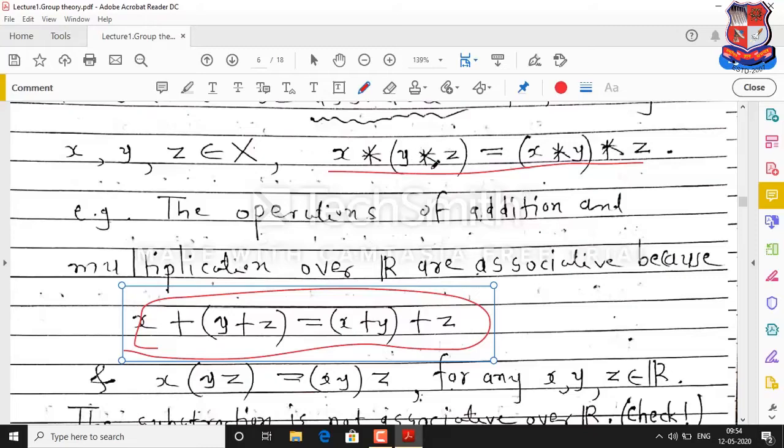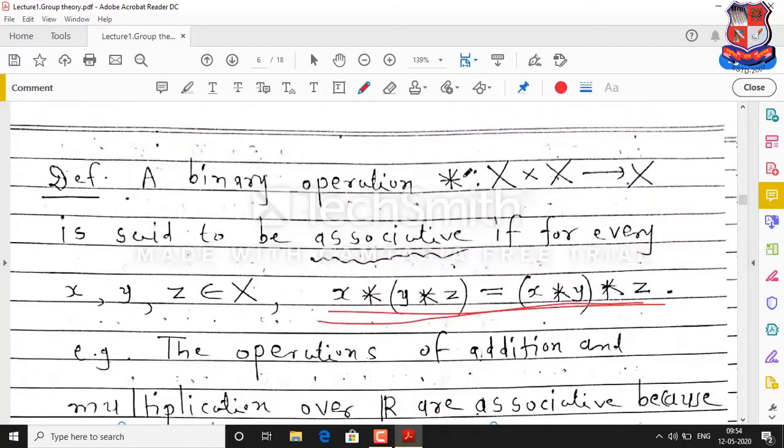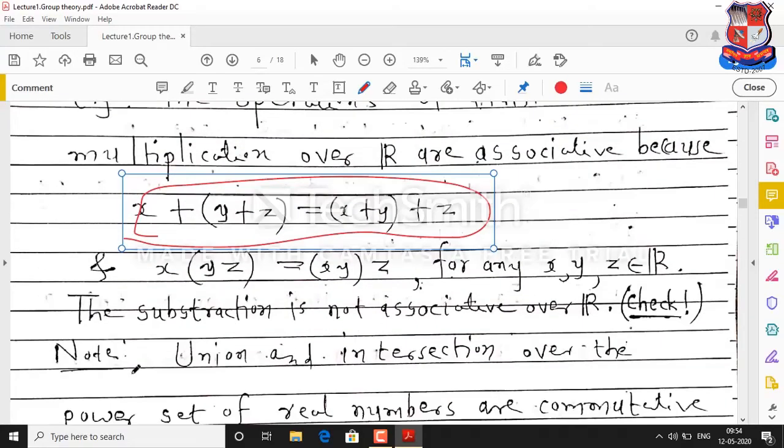So x star (y star z) equals (x star y) star z, then that operation is called an associative operation. So a binary operation star is said to be associative if for any three elements x, y, z belonging to X, this property is satisfied. Subtraction is not associative over the set of real numbers.